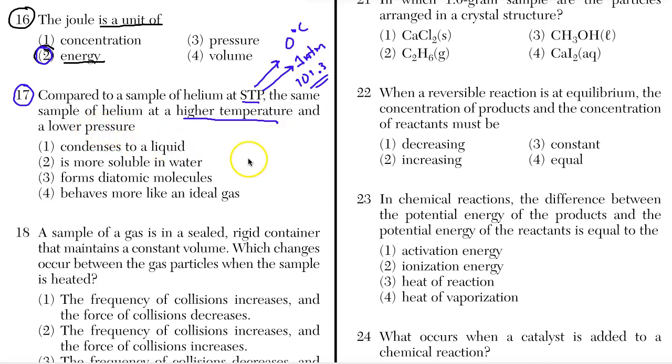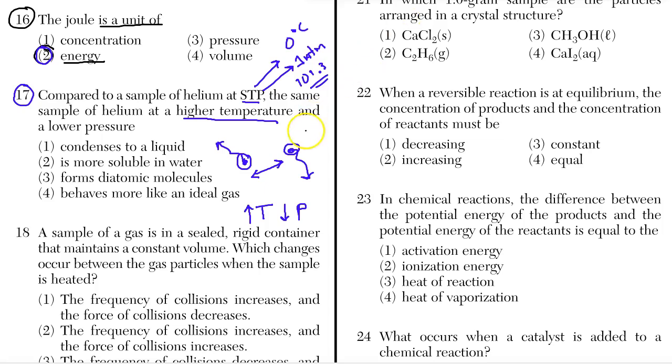So somehow we're going to make these helium atoms, which are a noble gas and don't react, they're monoatomic molecules sometimes people call them, go faster. We're going to put less pressure on them, so the distance between them is going to increase. If we increase the distance between gas molecules, either by increasing their temperature or decreasing the force due to other colliding molecules, what do I mean by that?